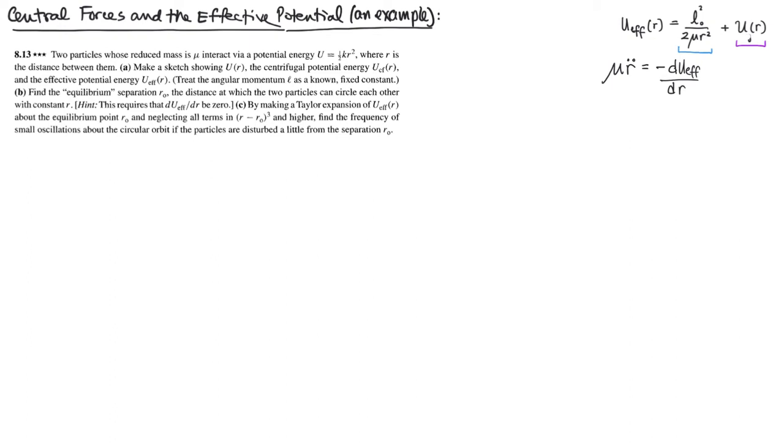And here I'm going to get rid of the G, so that this is in general any potential, not just the gravitational one. The effective potential is this 1 over r squared term plus the potential associated with the force.